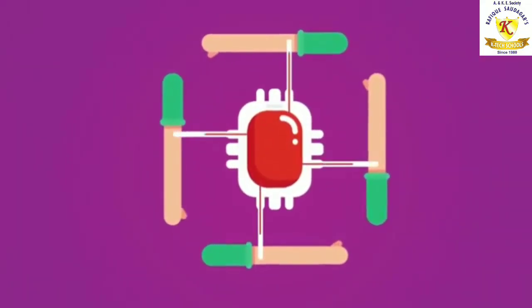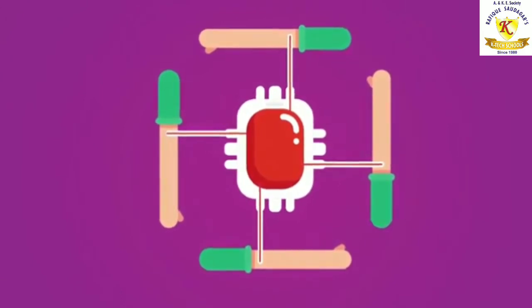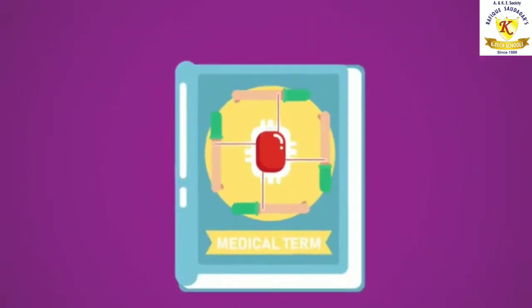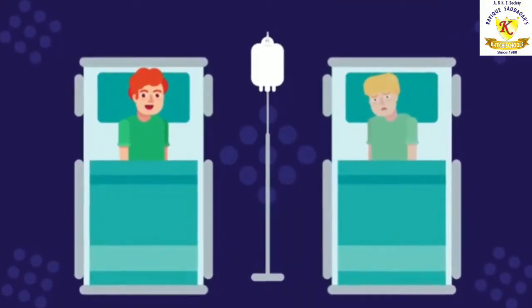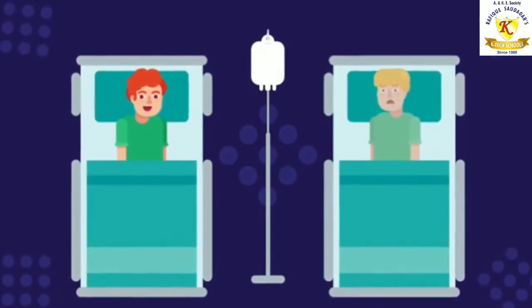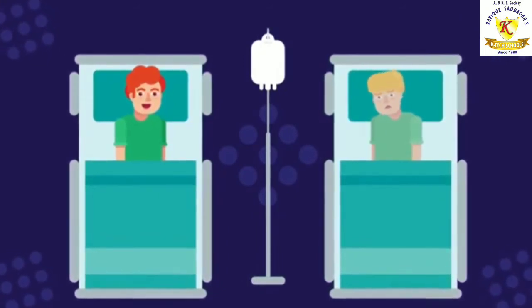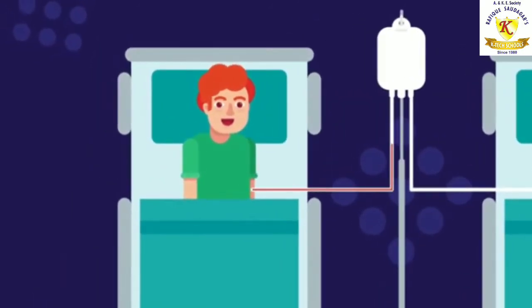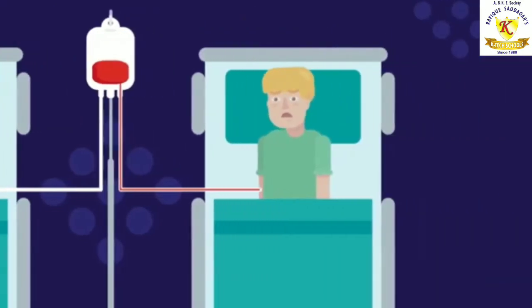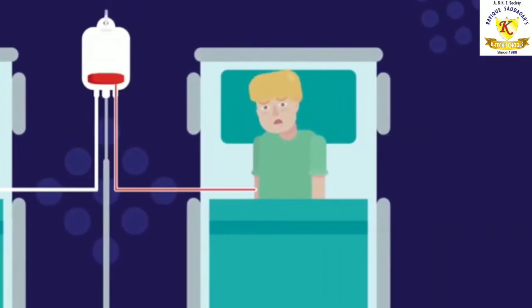Let's see blood transfusion. Blood transfusion is a medical term. It means a procedure used to transfer blood or some blood-based products from the circulatory system of one human to that of another human.